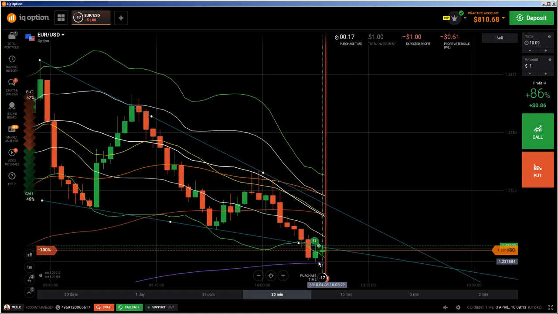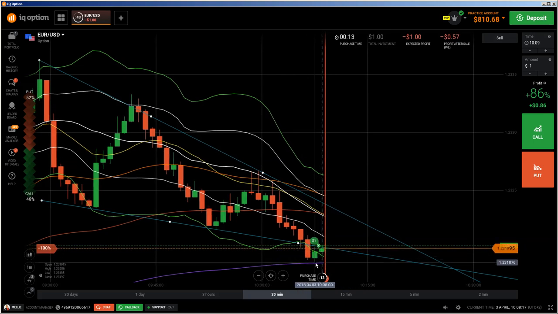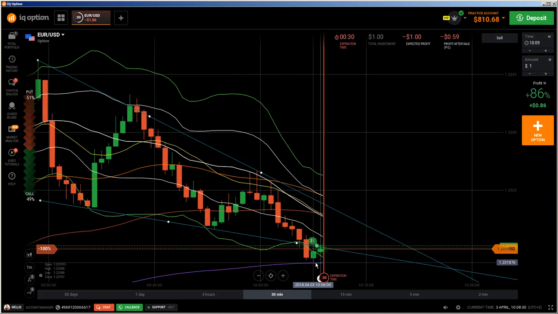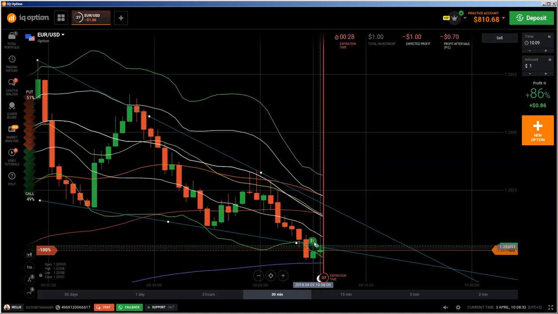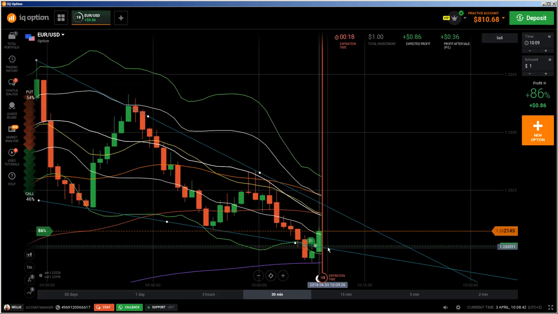If we are not going to cross the 200, and I have explained this often enough, at the 200 EMA you can expect mostly a reversal which holds more than one candle, mostly one or two candles. Yes, and that's the reason why I have done here a call, because I'm pretty much sure that this will hold more than only one candle, and you see two candles, and that's the reason why I did a call.